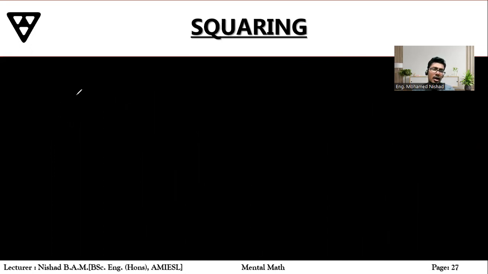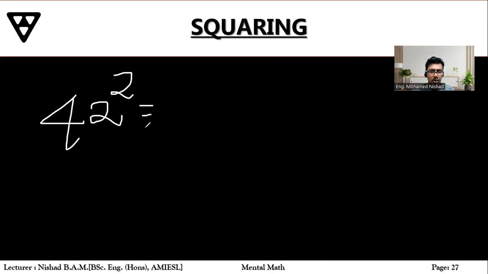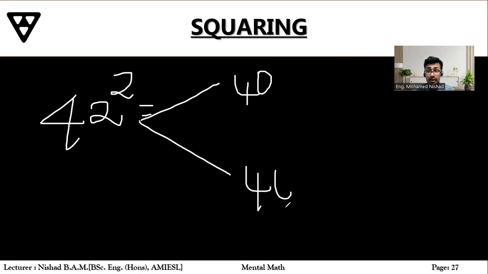Right? Maybe how much will it be for 42 squared. Right? So we need to obtain 40 like this. And then if we obtain 40 by subtracting 2, we have to obtain 44, not 38. Because minus 2 and then it will be plus 2 for this one, right? So it will be 40 times 44.